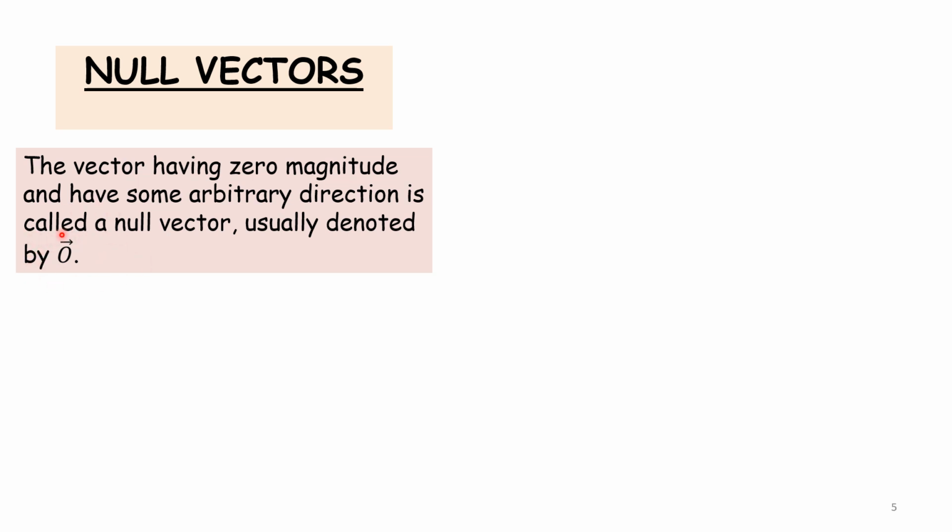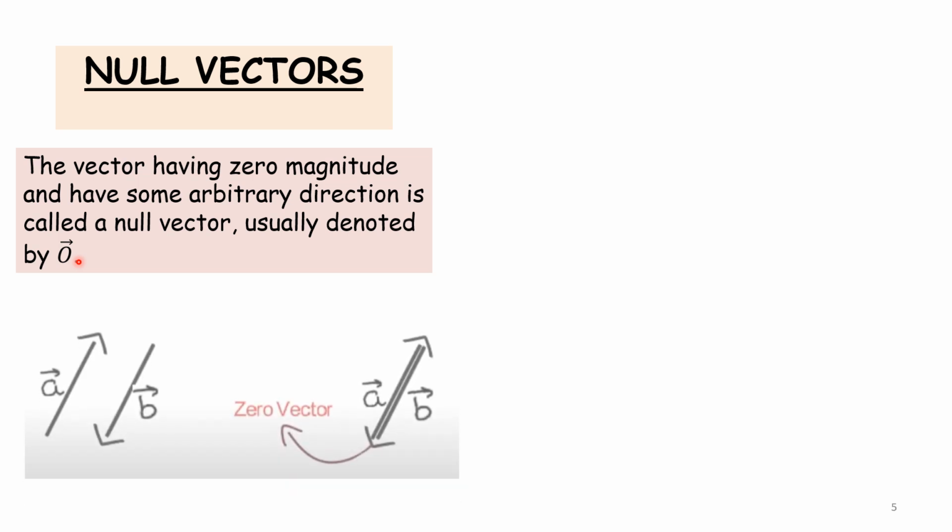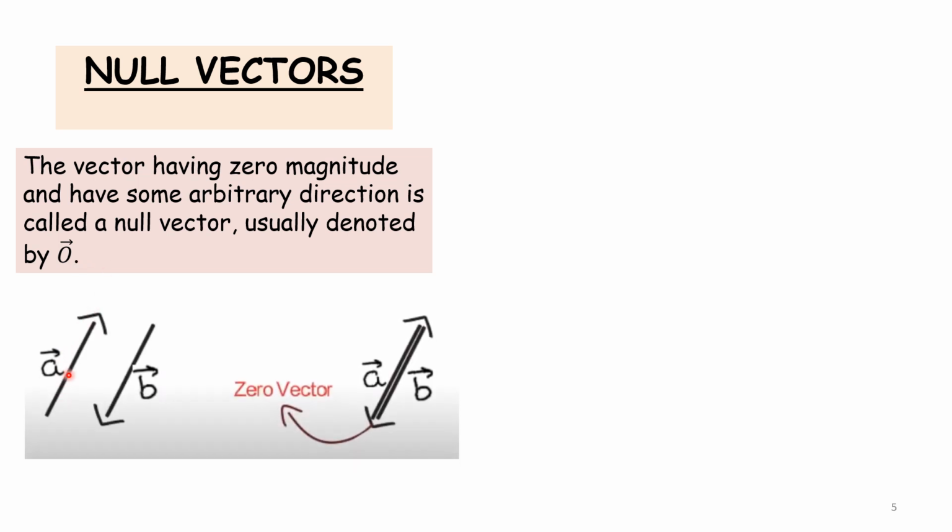It has no magnitude and no direction, but still it is called a vector because we get it after adding, subtracting, or multiplying two vectors. For example, let's say there are two vectors A and B which are equal in magnitude but opposite in direction. Then the sum of these two vectors will be equal to the zero vector.